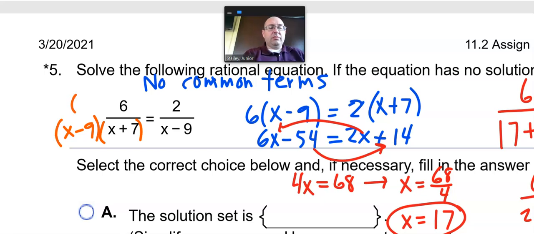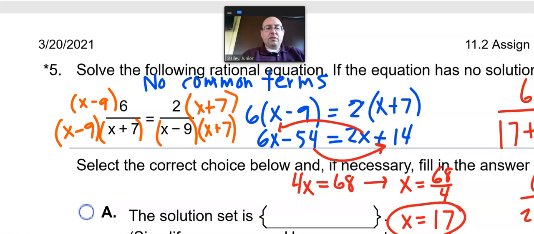If you multiply top and bottom by x minus 9, what is this denominator missing that the other one has? It's missing an x plus 7. And then you could think about multiplying the whole thing by the common denominator, which pretty much just eliminates all that stuff. But isn't that the same thing as cross-multiplying? Yes. And you weren't going to create any new or unusual factors.